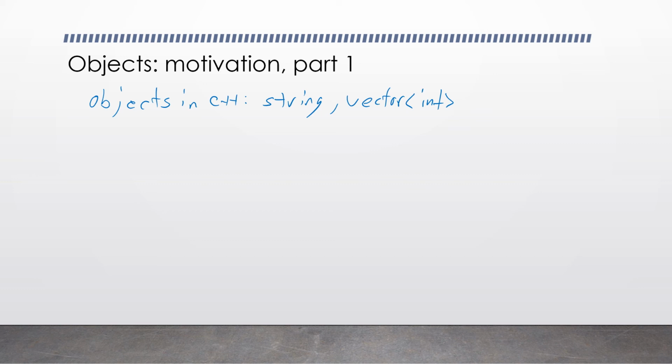The string keeps track of a string of letters. The vector keeps track of an array that can change its size of integer in this case. And the cin/cout streams that we've used for input and output are also objects. They keep track of the stream of input coming in from the keyboard or the string of output going to the console window, respectively.